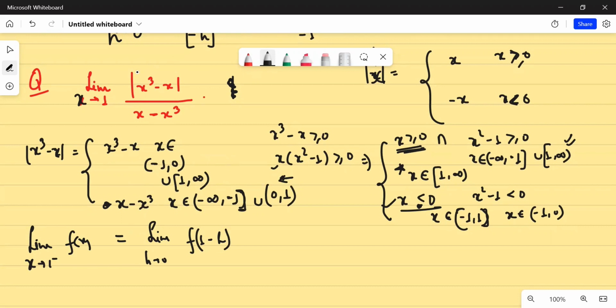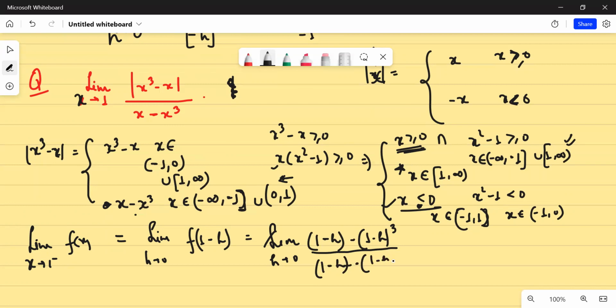To the left of 1, you know that modulus of x cube minus x can be written as x minus x cube. So it can be written as (1 minus h) minus (1 minus h) whole cube, divided by simply (1 minus h) and minus (1 minus h) whole cube. So I think you were right. This limit would anyway come out as 1 only. Is that fine?